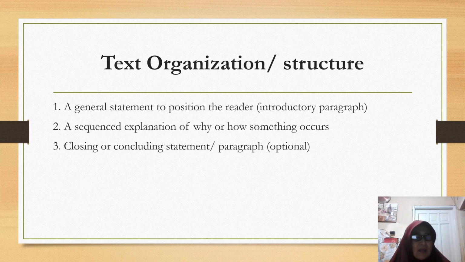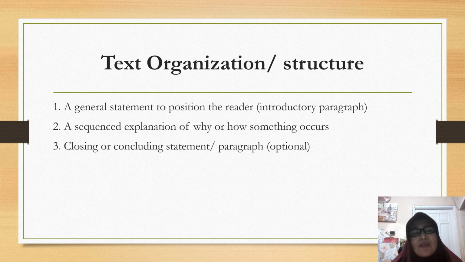In this part, the writer or the reader will find the topic being introduced, either in a definition or analogy, followed by a sequence explanation of why or how something occurs.